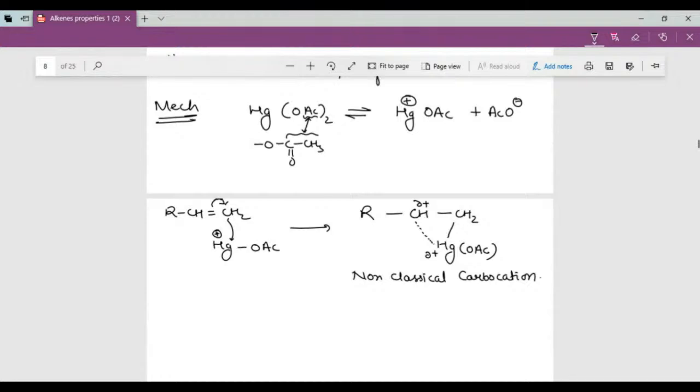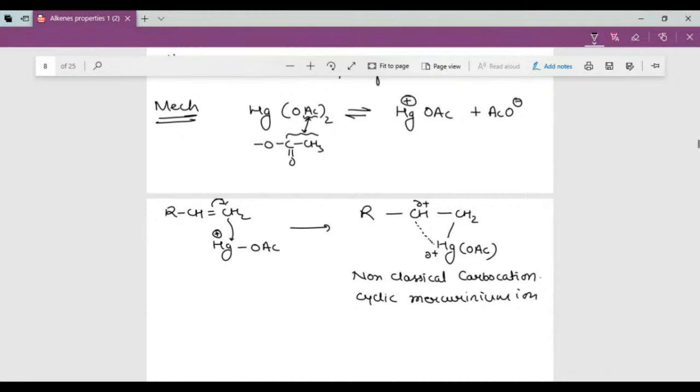In the same way, the positive charge is not on carbon but still behaves like a carbocation. Then we call it a non-classical carbocation, and this particular one is known as the cyclic mercurinium ion.